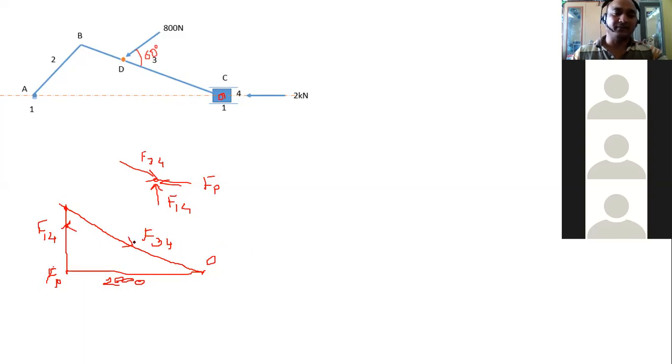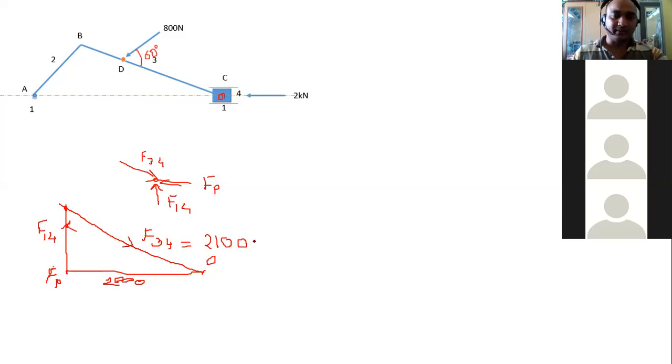Now again, we are interested in F34, right? We can calculate the other also if it is asked in the problem. But now we are interested in F34. So then we can easily find out this F34 by measuring this distance and multiplying by your scale. So then this force you will get equals to 2100 Newton.